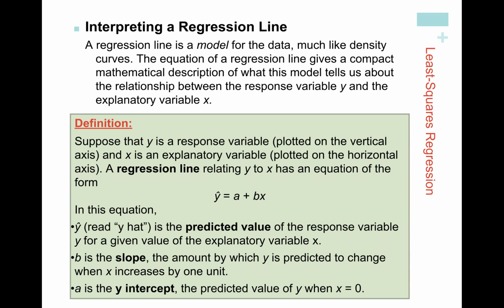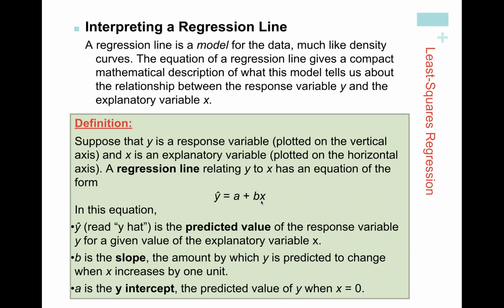How we interpret the slope, and you're going to do this in context, is that the slope tells us how much the predicted y, not the actual y, increases when x increases by 1. So if you increase x by 1, plug in 1 there, well, b times 1 gives you b, so y hat increases by b units.